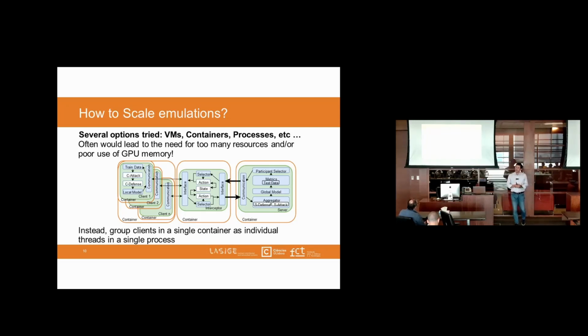We still observed a memory leakage that was gradually consuming the GPU memory, and eventually we could not continue the emulation. So it's something we are still working upon. We know more than we knew 3 months ago, but it's still not perfect.